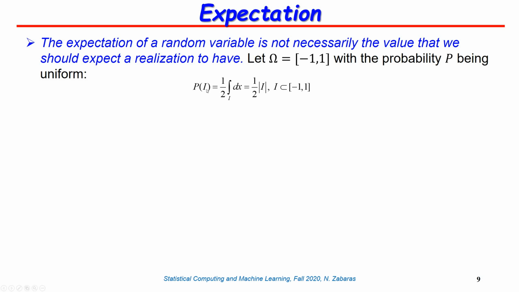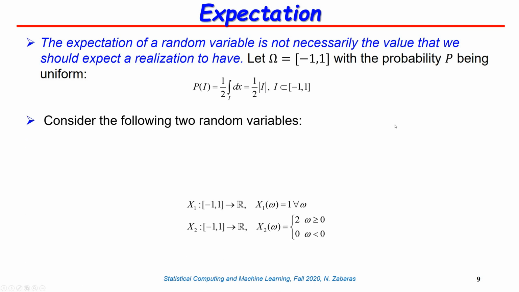So the probability of any interval within this interval of -1 to 1 is really the size of that interval divided by 2. If I have a uniform probability measure, the size of this interval is 2, so the measure has to be 1/2. So the probability of being in any interval I is the size of I divided by 2.